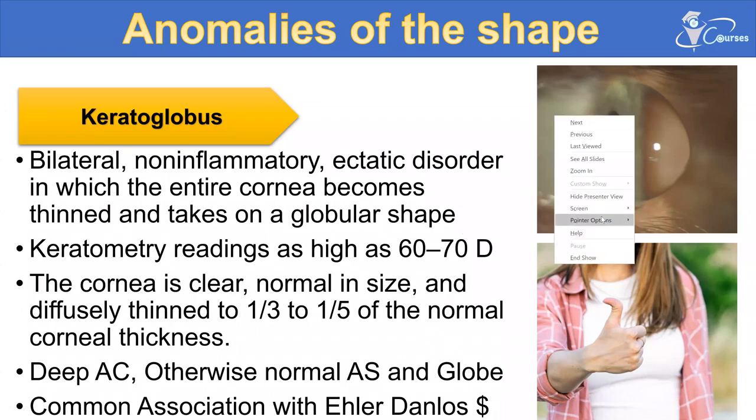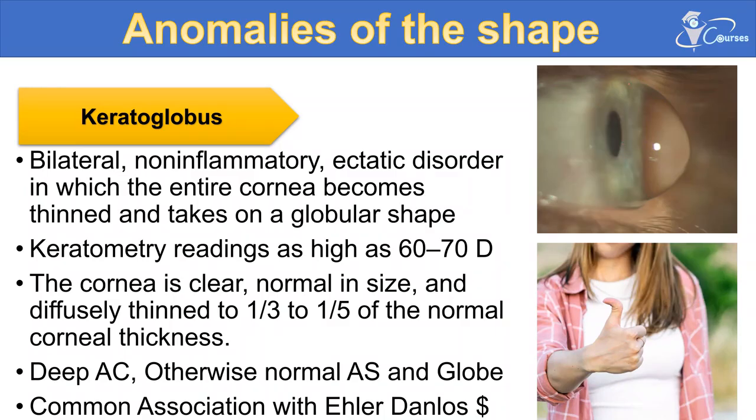So instead of the prolate shape that the normal cornea should assume, more curved in the center and flatter in the periphery, the cornea becomes globular. And instead of a thin cornea in the center and thicker cornea in the periphery, the whole cornea will become thin, uniformly thin from limbus to limbus.